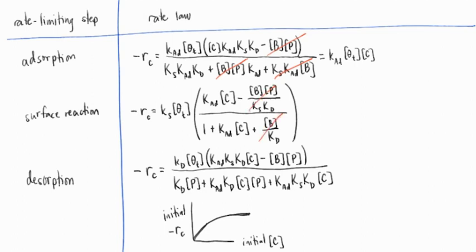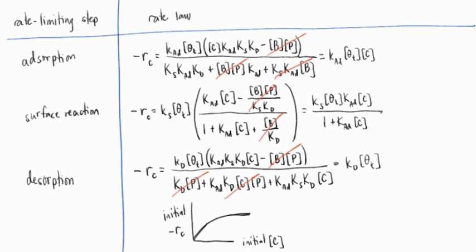We will be left with the expression small ks, concentration of the total active sites, capital K adsorption, concentration of cumene, all over 1 plus K adsorption, concentration of cumene. Finally, if we assume that desorption is the rate limiting step, this cancels, this and this also cancels. As a result of that, we are only left with small kd times the concentration of the total active sites.